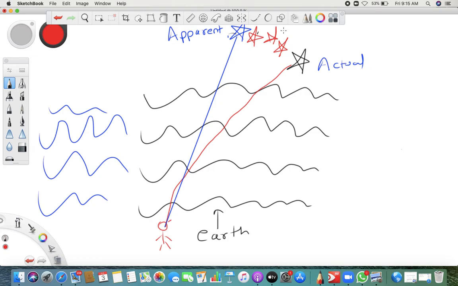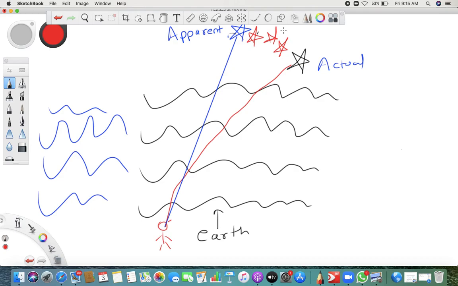So this is how the stars twinkle, and this is how we can see stars twinkling. I hope you are getting what I am trying to say.